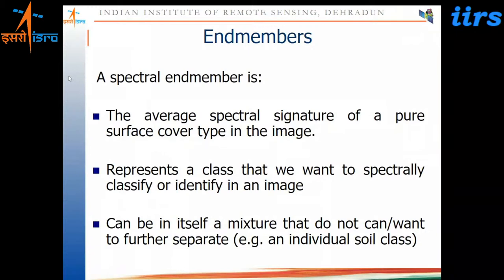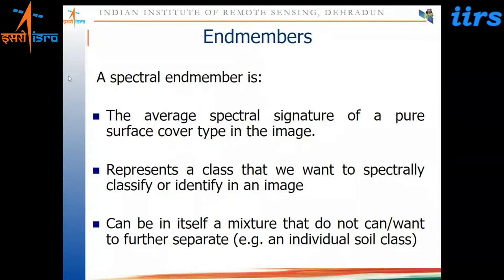Or if a serpentinite mine is there, then serpentinite will be my next end member. So like this, the classes are present in the area. We have to define the end members whose pure spectral signatures are present in the image, or whose pure spectral signatures can be given to the algorithm to train.